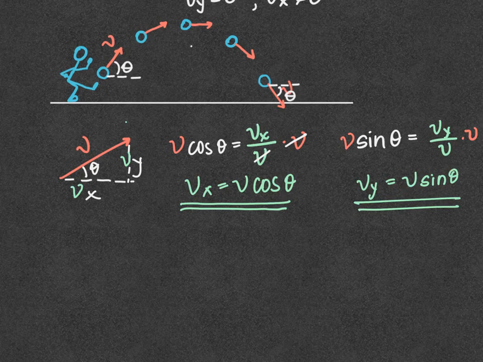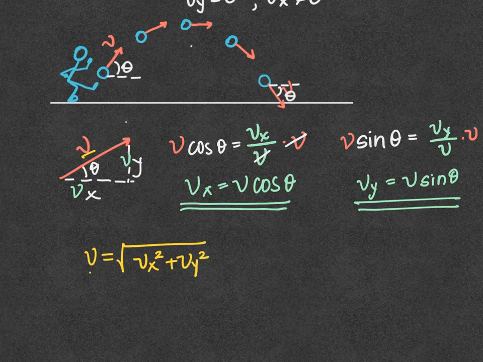Just like we did for finding the final velocity of an object right before it hits the ground when we had projectile motion with a horizontal launch only, we can also think of this overall velocity as being part of the velocity in the x direction squared plus the velocity in the y direction squared.